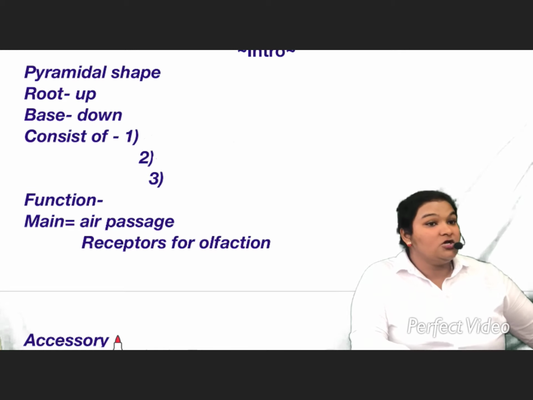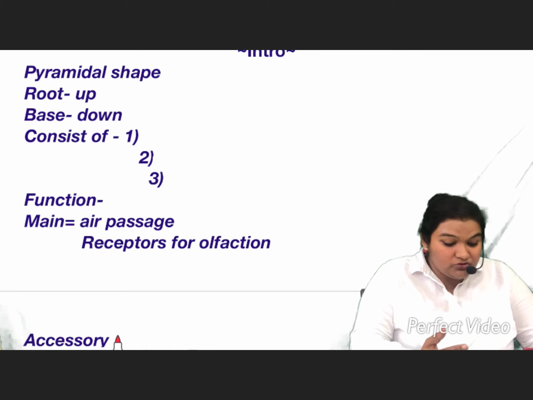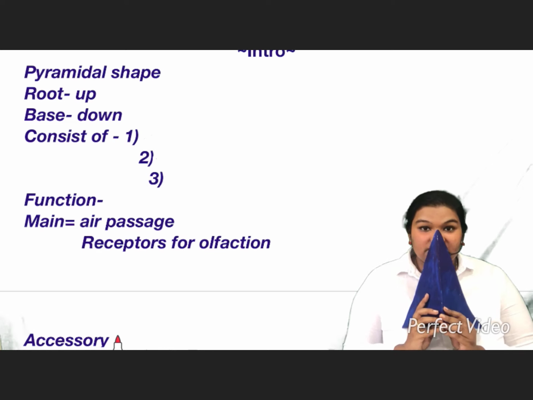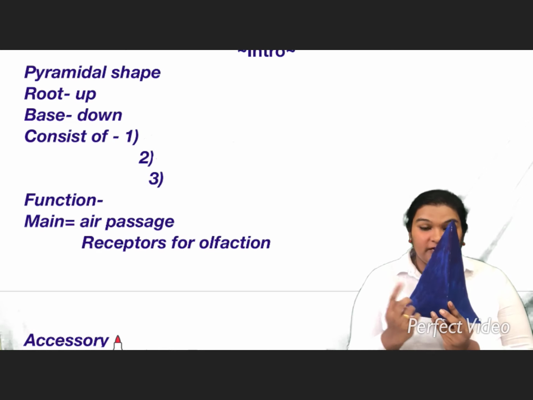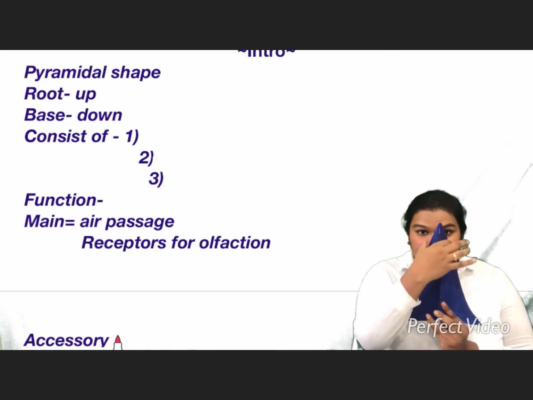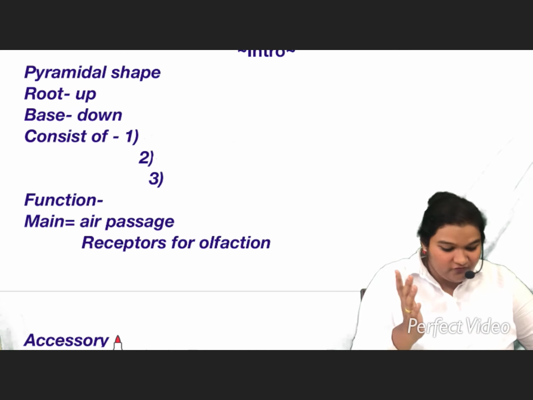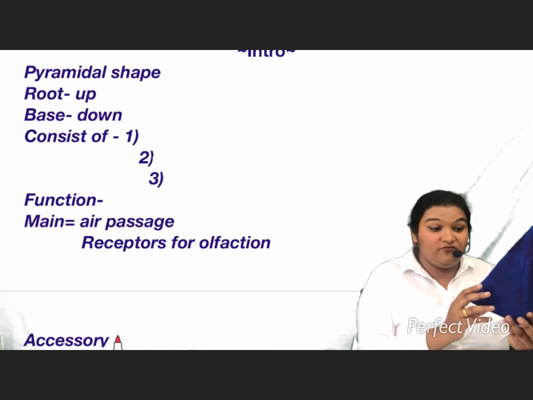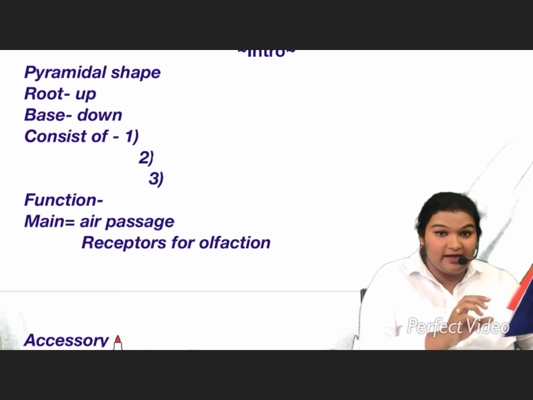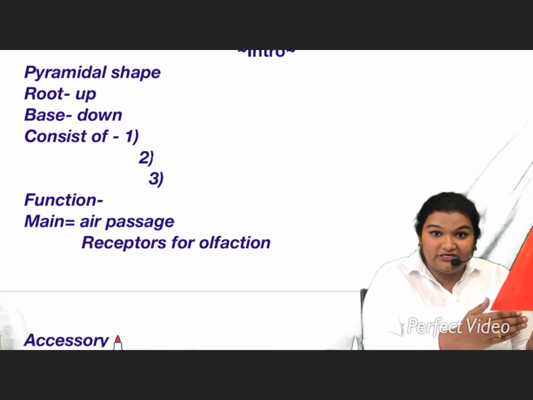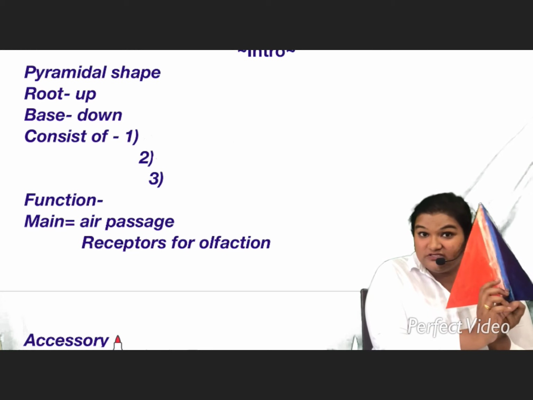Okay, so when we talk about nose, what comes to our mind is nose is a pyramidal structure. You can see here it has pyramidal shape which is present approximately center of your face. And when we see inside the pyramid, we will see here a septum which I have colored in orange and the lateral wall which is blue.